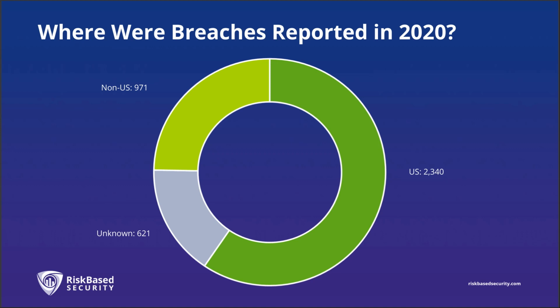Now we do have this conversation always about, well, because the United States makes a bit more information publicly available about data compromise events, that's what influences the numbers, and that there's not really more breaches taking place in the US. And I understand that reaction, that point of view, and I can't discount it completely. But at the same time, if you think about it, more than 30% of the world's Fortune 2000 largest organizations are headquartered in the United States.